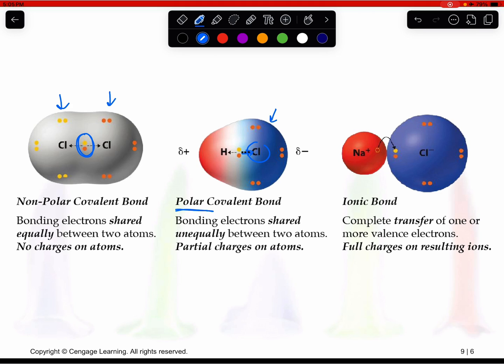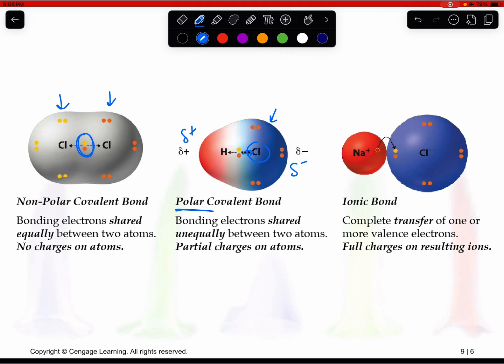That's probably too drastic a difference. Let's say a 6th grader and an 8th grader. The 8th grader is pulling and probably has the knot closer to their side, but the 6th grader is still holding their own. So that's how you have to think about it. The chlorine, because it's holding the electrons tighter, pulling them more towards its side, gets the partial negative, and the hydrogen is a partial positive because it's giving them up a little bit, but it's still sharing.